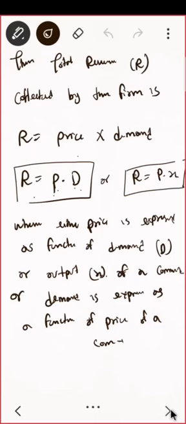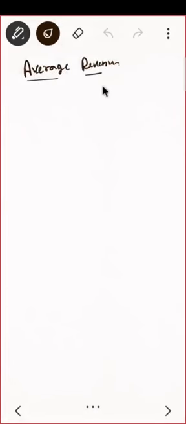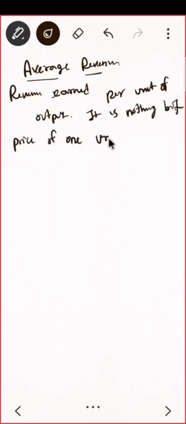So average revenue, if I write the definition, is revenue earned per unit of output. Correct. It is nothing but the price of 1 unit.